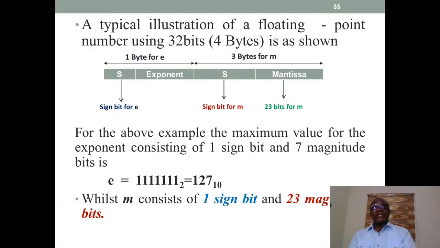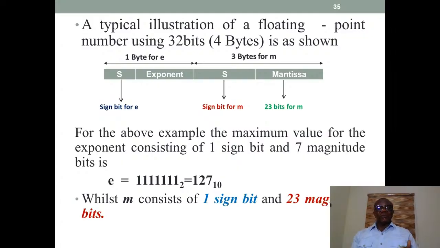It has to represent the sign of that exponent. And it is 1 byte, meaning 8 bits. In other words, immediately you remove 1, what will remain will be 7 bits. 1, 2, 3, 4, 5, 6, 7.